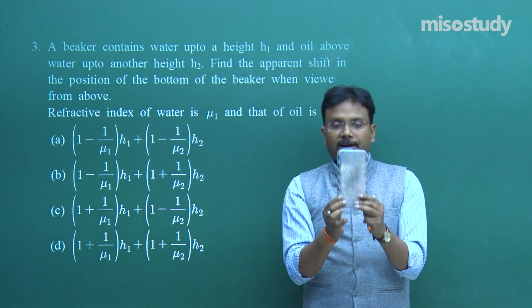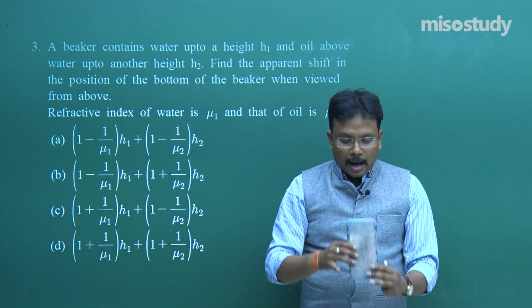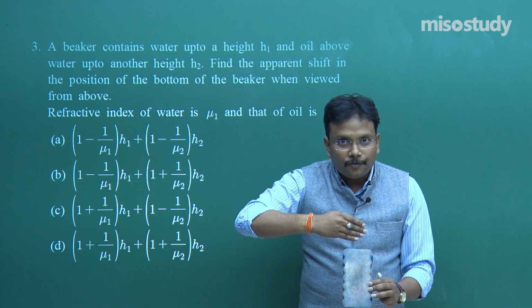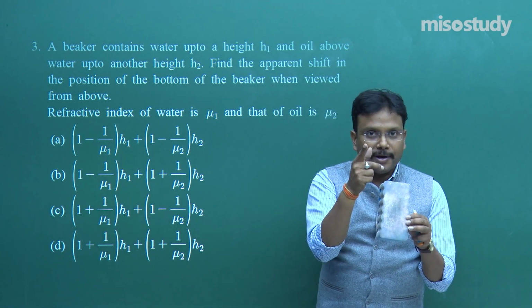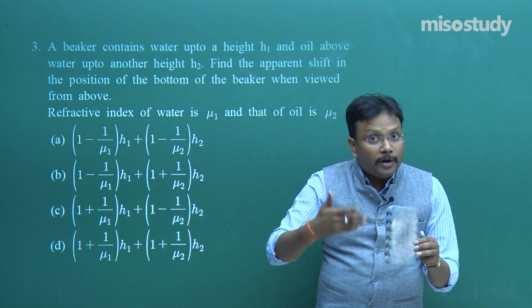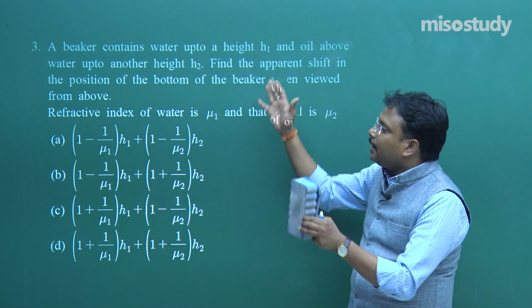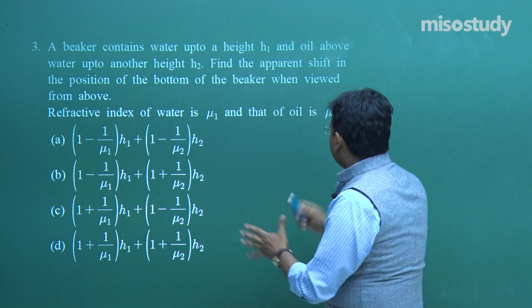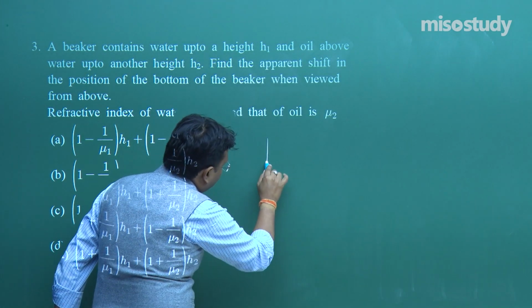It means, let's say this is a beaker, up to here water, from there oil, and then I am trying to take a look like this. Obviously because of the presence of these two liquids, the refractive index is going to be different, so the apparent depth is going to be different. So this is the idea of this problem. Very simple idea.